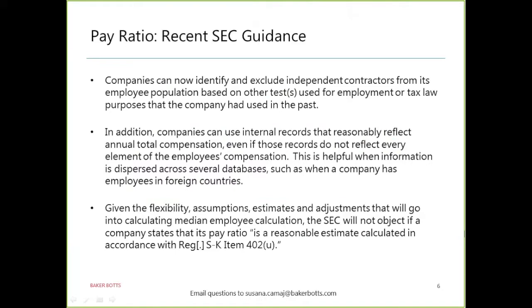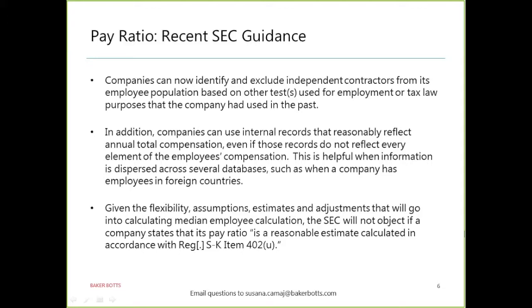So last September, the SEC issued some guidance because there were a few, I guess you could say, gray areas after the final rule came out that caused companies to question, for example, what kinds of records they could use in order to compile the compensation data that they would need to identify their median employee.